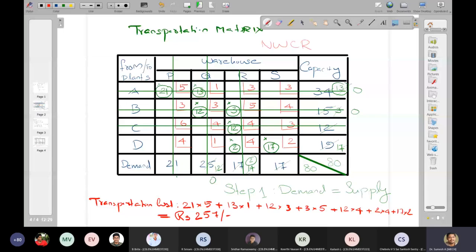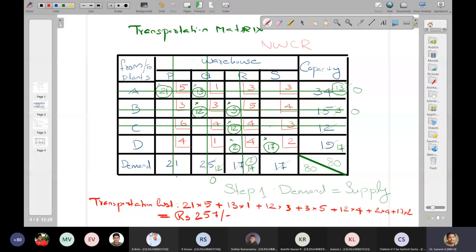Now the new northwest corner will be CR. CR is having a demand of 14, but plant C is only having capacity for 12. So I have allocated that 12 over here. Capacity of plant C is completely utilized. The C row is eliminated.